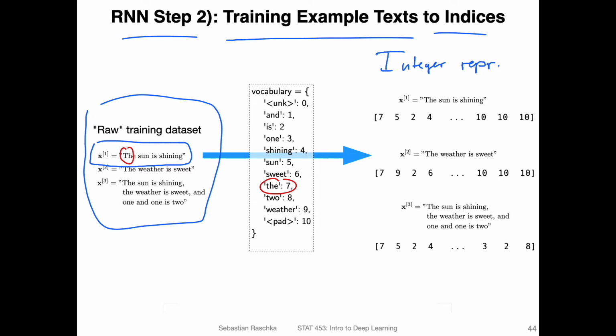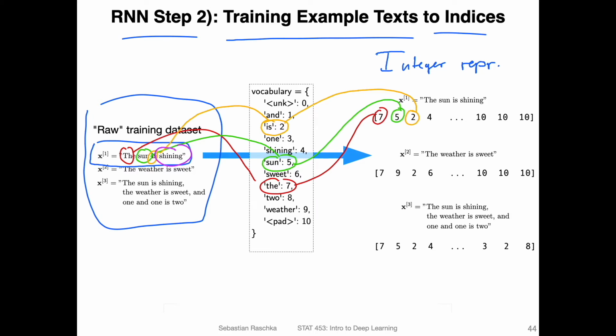So we are now adding the 7 here, right? Because that's how it goes here. Then for the second one, sun, we have 5. So this goes here, and then 5 here. The next one is, one more, shining.